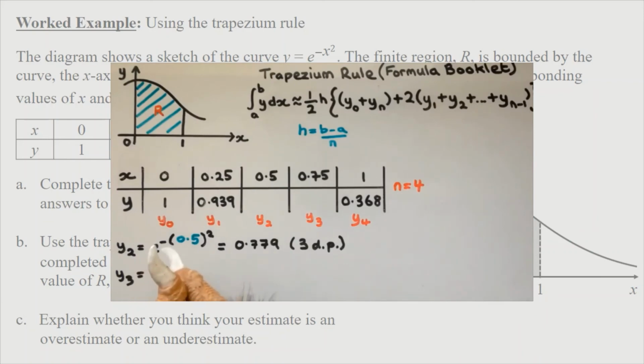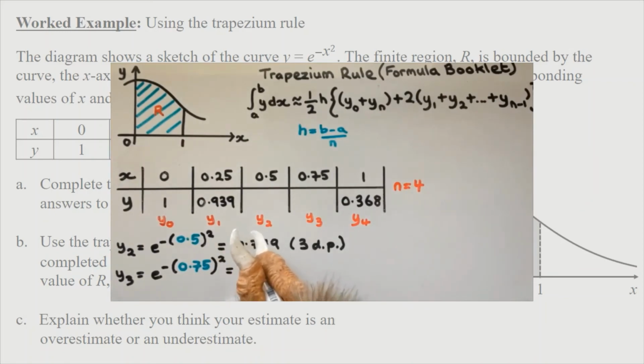So that's going to be 0.75 all squared in the power, negated, and then e to that power. So that's going to give you 0.570 to 3 decimal places. Please do check this on your calculators that you agree with those.